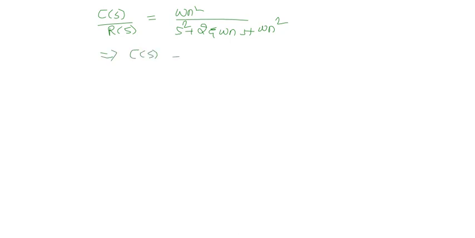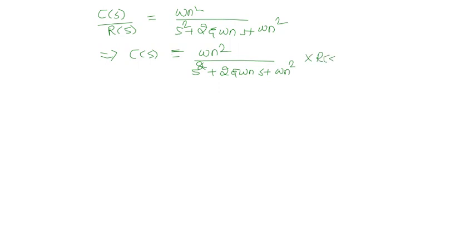Whenever we substitute R of s in the second order system equation, we know that C of s by R of s equal to omega n square by S square plus 2 zeta omega ns plus omega n square, and taking R of s to the right hand side, C of s becomes omega n square by s square plus 2 zeta omega ns plus omega n square into R of s.